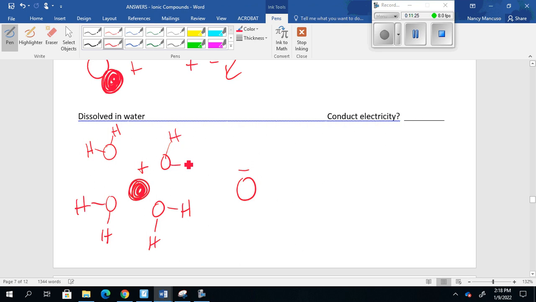So first I like to draw the water. Then I'll just put all those little teeny tiny pluses on the H's and little tiny negatives on the O's. That's a sphere of hydration. And over here, this is going to get surrounded as well. Little negatives on the O's, little positives on the H's. And those are my spheres of hydration.